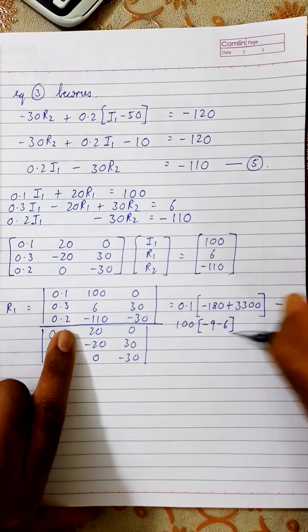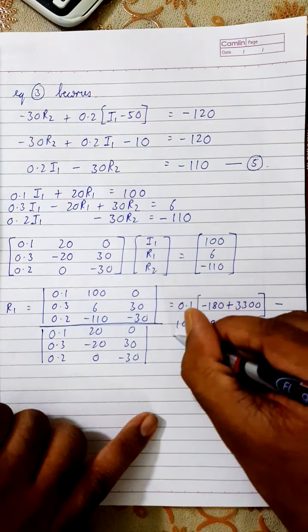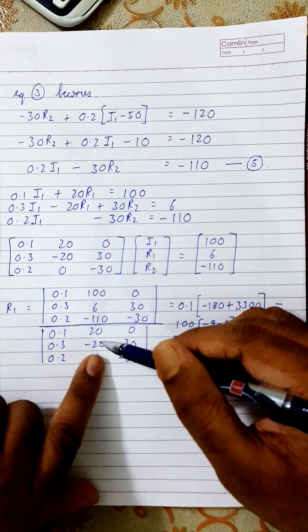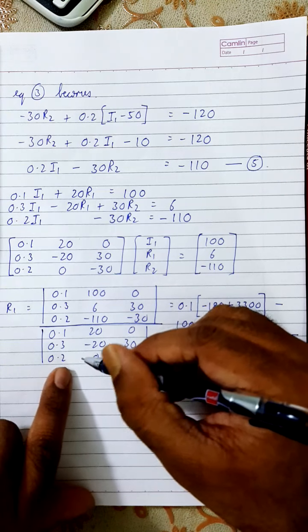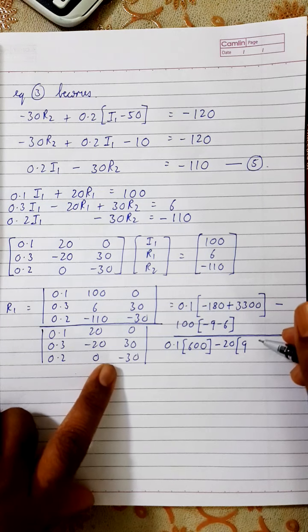Plus 0 into, that doesn't matter. Divided by, as for the denominator, we have 0.1 into minus 20 into minus 30, which is 600, then minus 20 into, 0.3 into minus 30 is minus 9, and minus 6, so minus 9 minus 6, plus 0, that doesn't matter again.